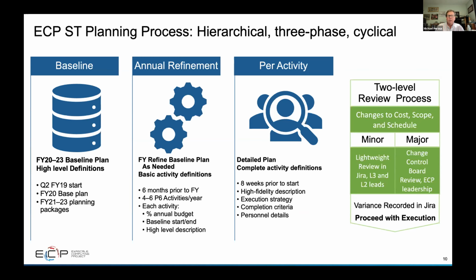But we did put out a baseline plan starting in FY19 for the entire remaining span of the project through FY23. Now that baseline plan was the equivalent to, say, if you're going from where I live in central Minnesota to the West Coast, it would be go west.